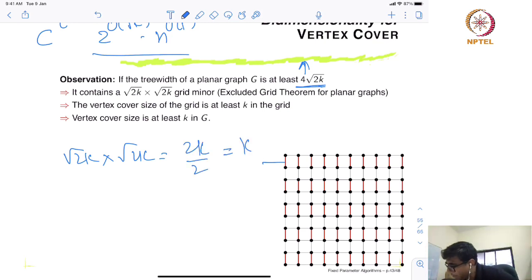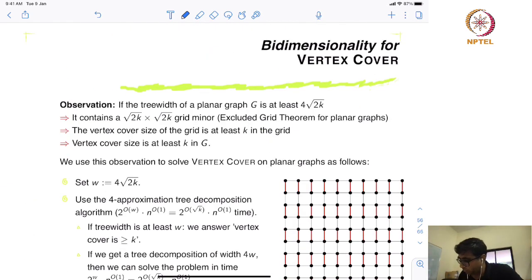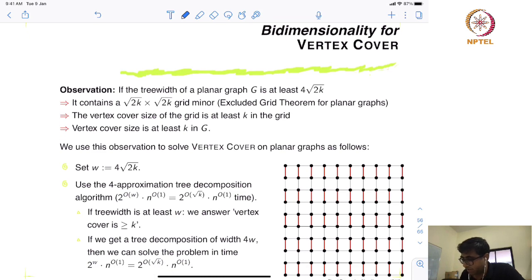So if you have a slightly larger grid, then this minor itself needs k vertices. Of course, the whole original graph then needs more than k vertices in the vertex cover, so you can say no.